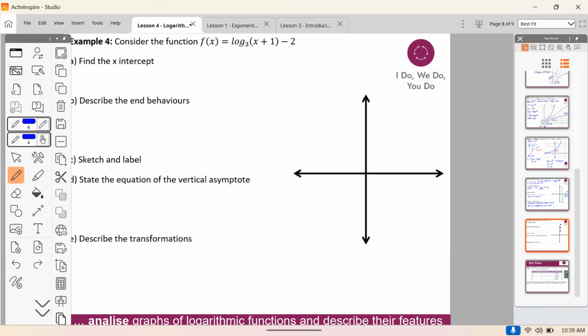Have a go at one of these for yourself. Pause the video. Let's have a look at our answers. So set this equal to 0. We get log base 3 of (x plus 1) minus 2 equals 0.